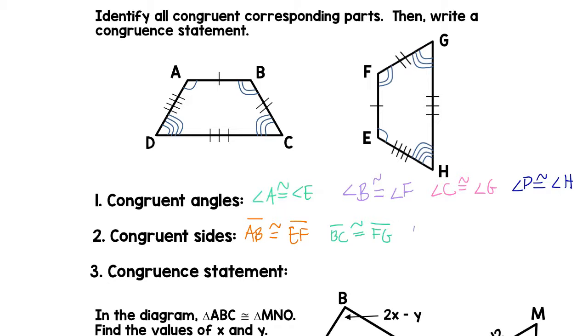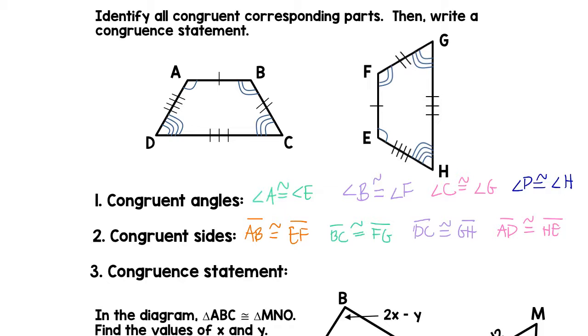Segment DC is congruent to segment GH. And segment AD is congruent to segment HE.